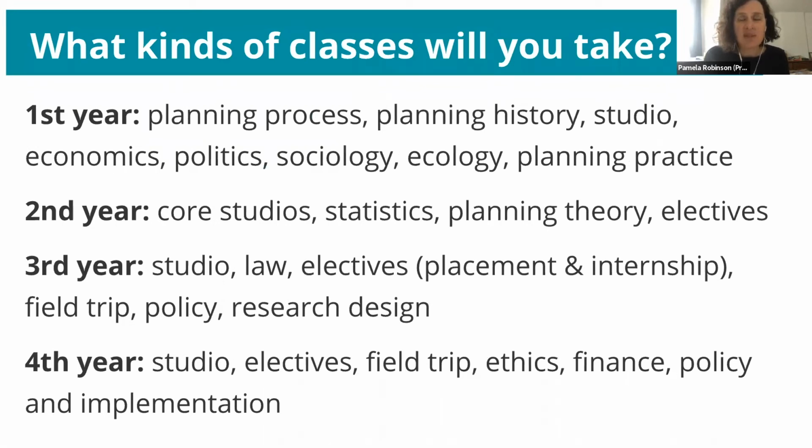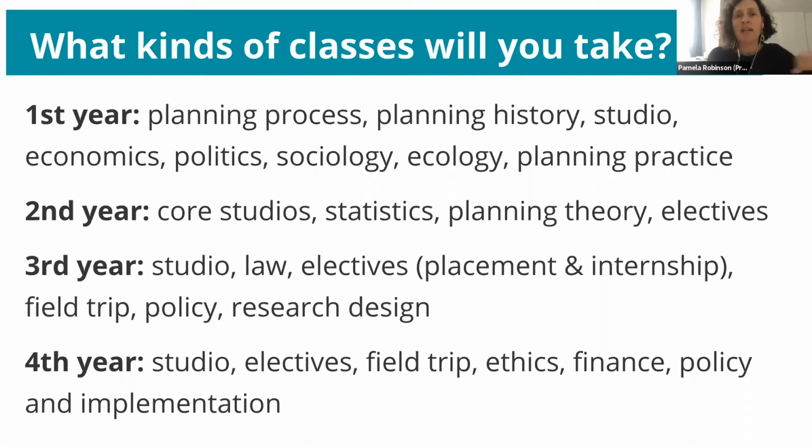One of the questions that we get asked a lot is, what kind of classes will planners take? We're going to send a link in the chat. Carly, who is one of our staff from our school, will put up a link that will allow you to gain more information. But here's an overview of what our curriculum looks like. In first year planning, you'll take 10 courses over 2 terms, so 5 courses per semester. And the kinds of classes you take will include the following. One is an introduction to the planning process. What is planning?